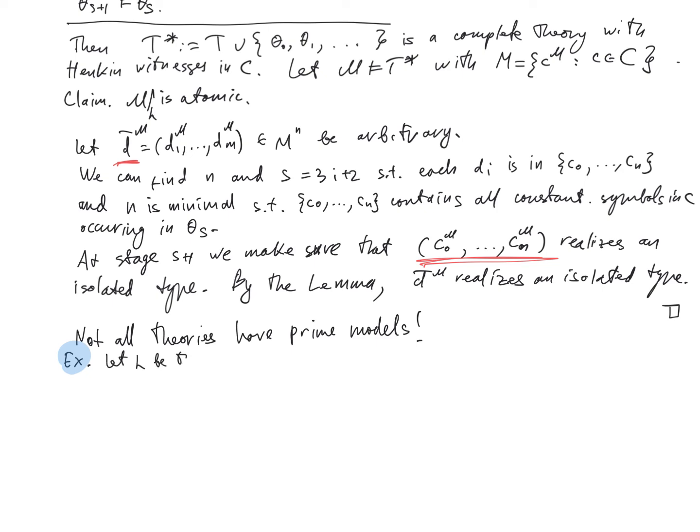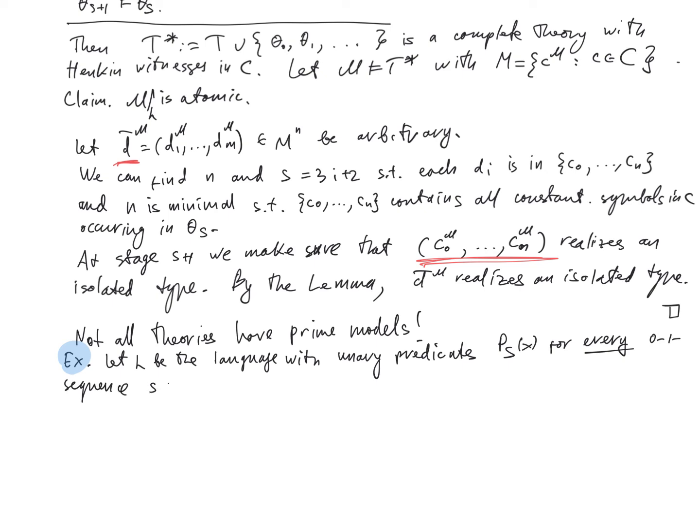Let L be the language with unary predicates P_S of x for every 0,1 sequence S of finite length, then the axioms of the theory T3 will say the following.